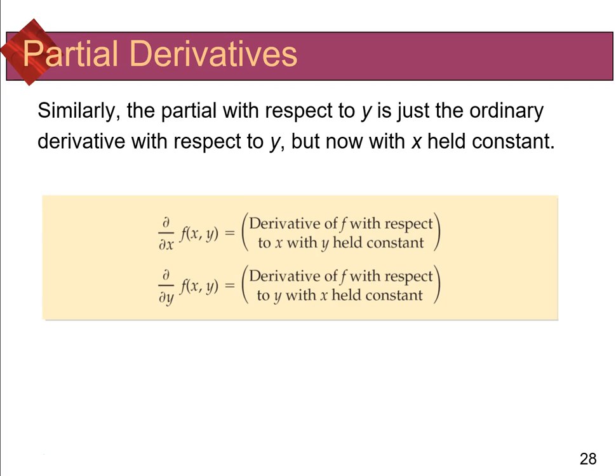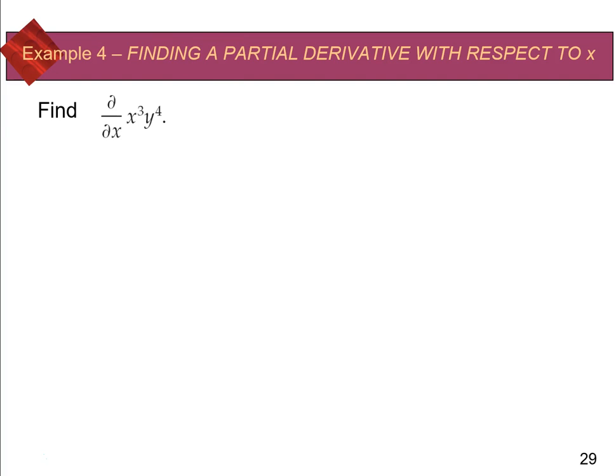But kind of a summary here, which we just mentioned before. As an example, if you were asked to do the partial derivative with respect to x of x cubed y to the 4th, that means that in this circumstance, the x cubed part is what we're going to be taking the derivative of. The y to the 4th is going to be treated as a constant multiple.